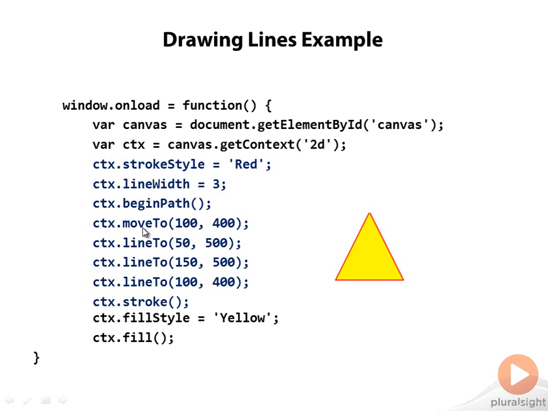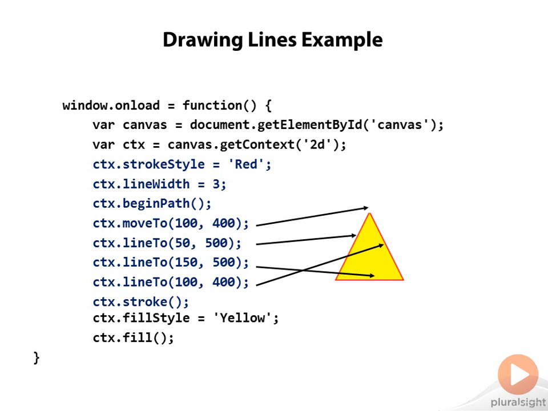From there, we're going to move our paintbrush, our context, over 100 and down 400 on the canvas. And then we're going to draw a line to the position that you see down here. So we're going to go down to 50 on the x, over to the left, and down 500. From that position, we're going to draw over to 150, 500. And then we're going to draw another line to connect it up, which will be 100, 400, which you can see matches where we started in the first place.